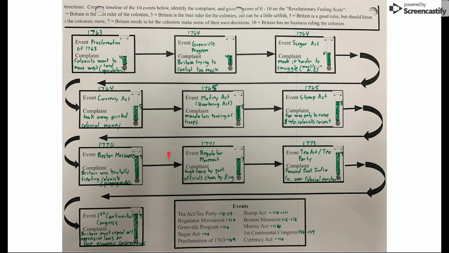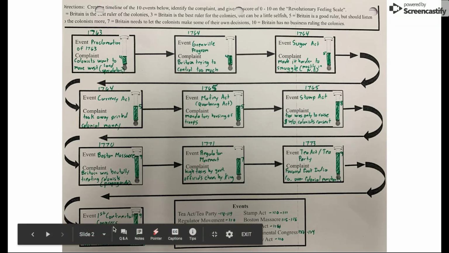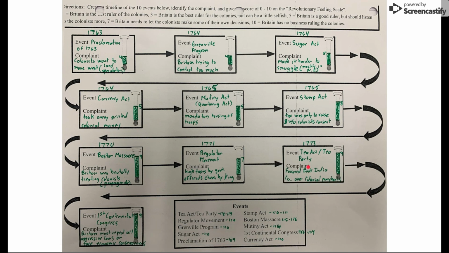I should also mention back up here with the Stamp Act how important the boycotts were as a colonial action to let the British know that they were not happy about what was going on. So the boycotts here, the First Continental Congress here, the Boston Tea Party here, these are all colonial actions that spurred people to get more enthusiastic about possibly revolting against the British.